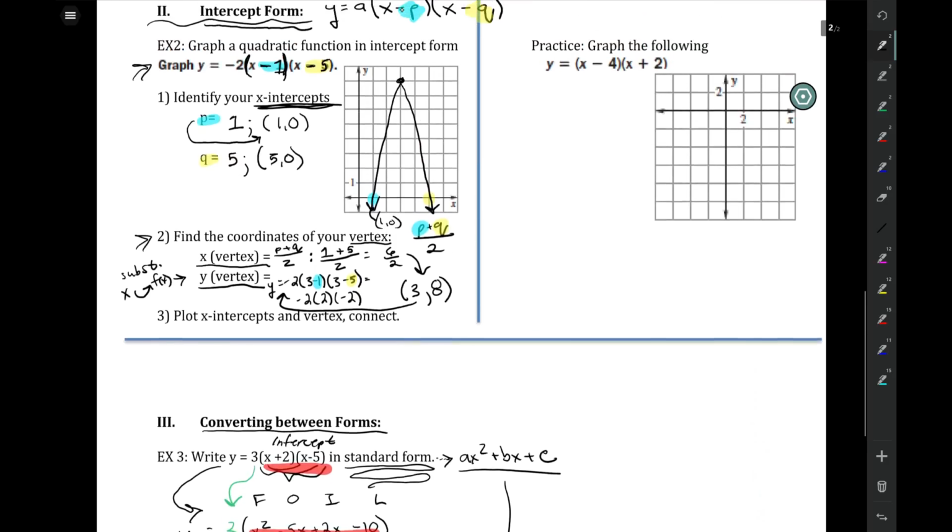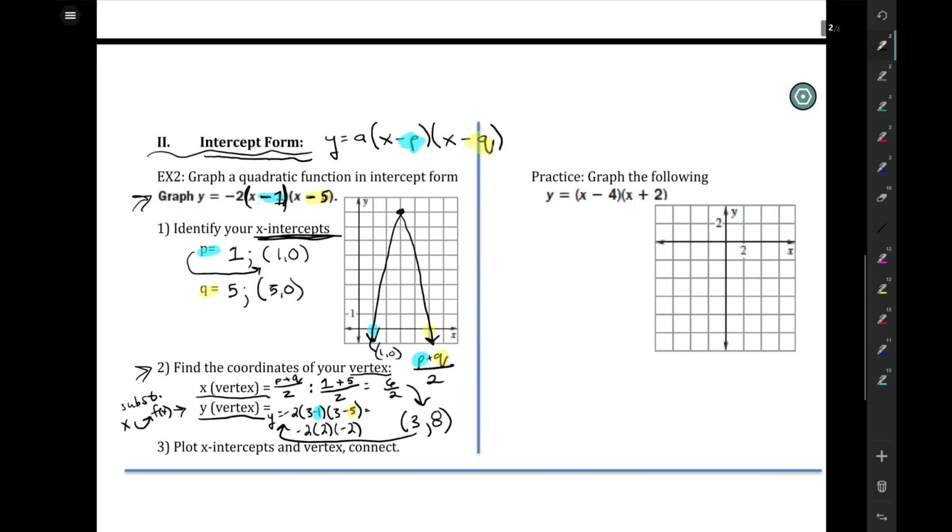So the extra problem, I will just quickly go through this practice. We need to identify P and Q. P is -4, so really +4, meaning we have the point 4, 0. Q, here's where Q comes into play.